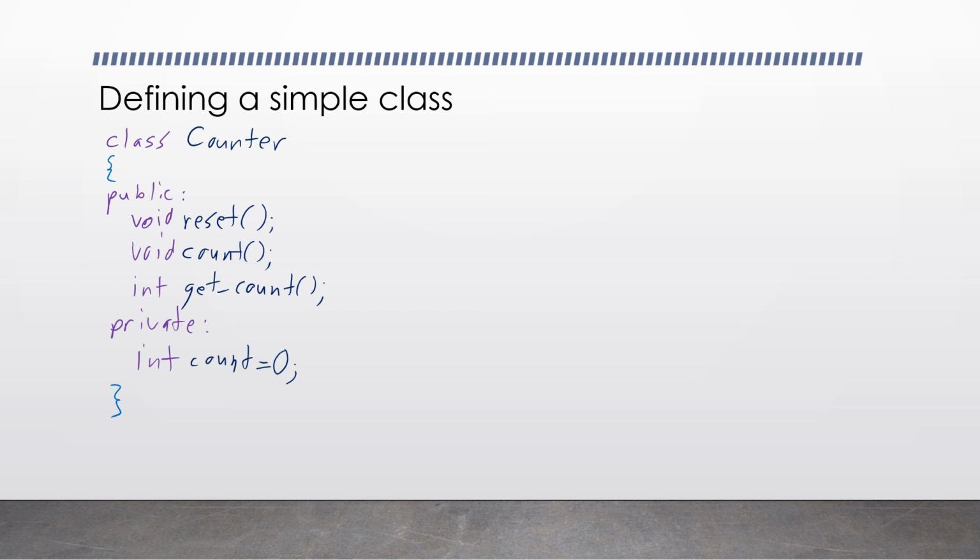Then later down in our program, we define each function. So the way we define a function that belongs to our class Counter is we use Counter, colon, colon, and then reset.